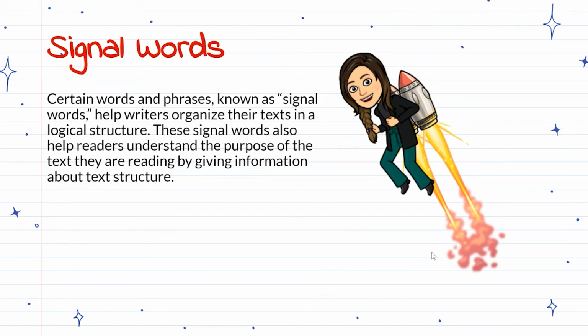Certain words and phrases, known as signal words, help writers organize their text in a logical way, and help readers understand the purpose of the text they are reading, giving information about text structures.